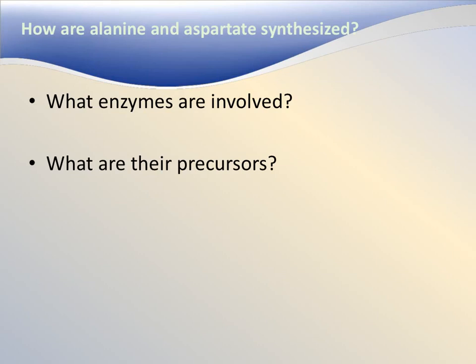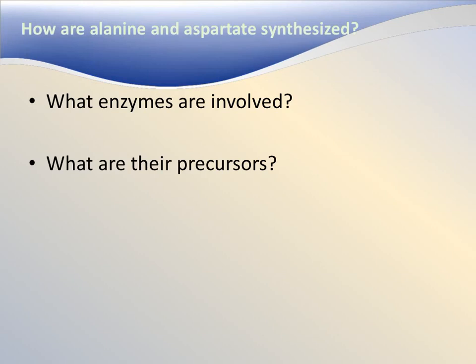And what's the enzyme that's used? The aminotransferase. What one in particular? Not pyruvate aminotransferase, but alanine aminotransferase, because it's usually named after the amino acid. And aspartate comes from oxaloacetate, and the enzyme aspartate aminotransferase. And so there, we talked about those.